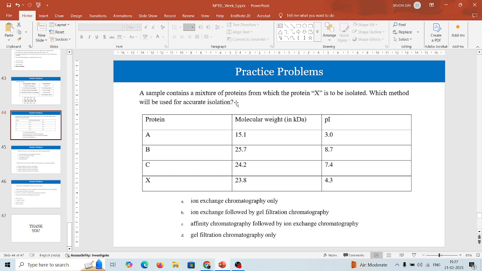So a sample contains a mixture of proteins from which protein X is to be isolated. So you have to separate out X from the other 3 proteins, which will be an accurate isolation. Ion exchange chromatography only, ion exchange followed by gel filtration, affinity followed by ion exchange, gel filtration only.